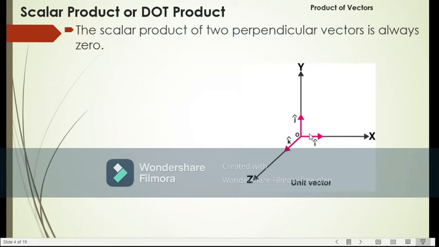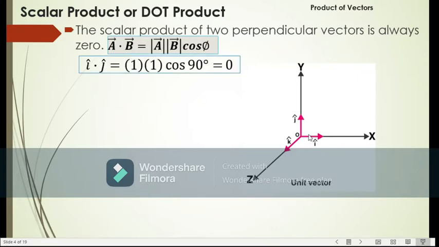Therefore, if we multiply i dot j, the answer will be 0. So again, if we are multiplying using the dot product two vectors that are perpendicular to each other, the result is always 0.